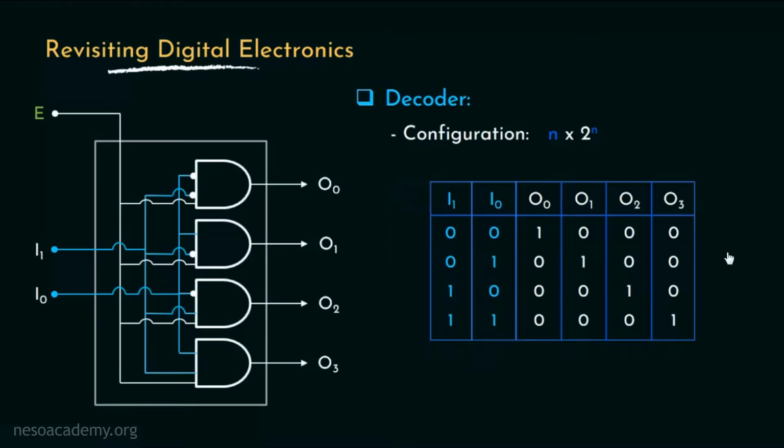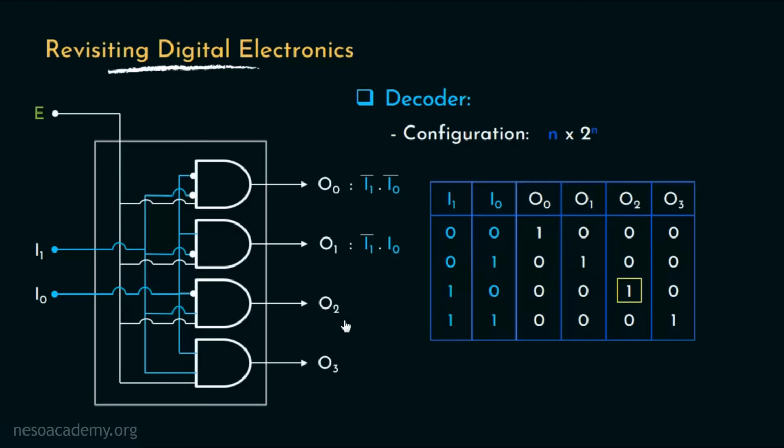Now if we consider the truth table, when O0 is producing 1, it's actually representing the input sequence 0, 0, that is I1 bar, I0 bar. So when O1 is producing 1, it is the input sequence 0, 1, that is I1 bar, I0 being represented by this output line.